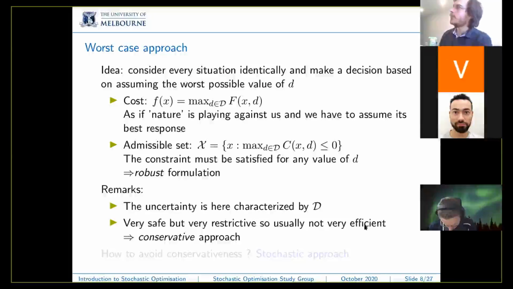Take a very simple example. Suppose you want to drive home as fast as possible, on a road that might be sleepy sometimes, so it might be dangerous, and you don't know exactly when. In this setting of decision first, you will not have this information before you take the decision, so you have to deal with the uncertainty as it is.